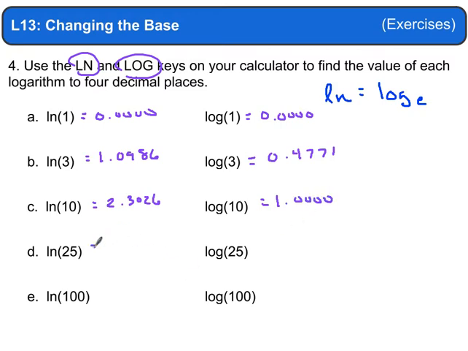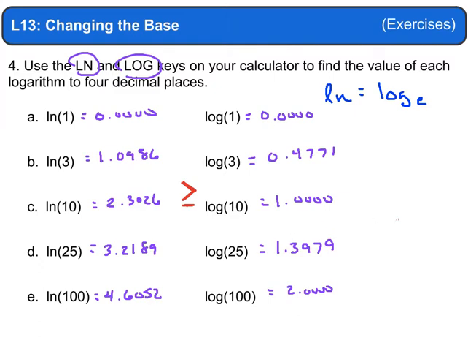If we did natural log of 25, that would be 3.2189. Compare it to the log base 10 of 25, it's 1.3979. If we did the natural log of 100, that would be 4.6052, compared to this being a 2. So in general, what you find out is these over here are generally larger than or equal to their log base 10 counterparts, right?